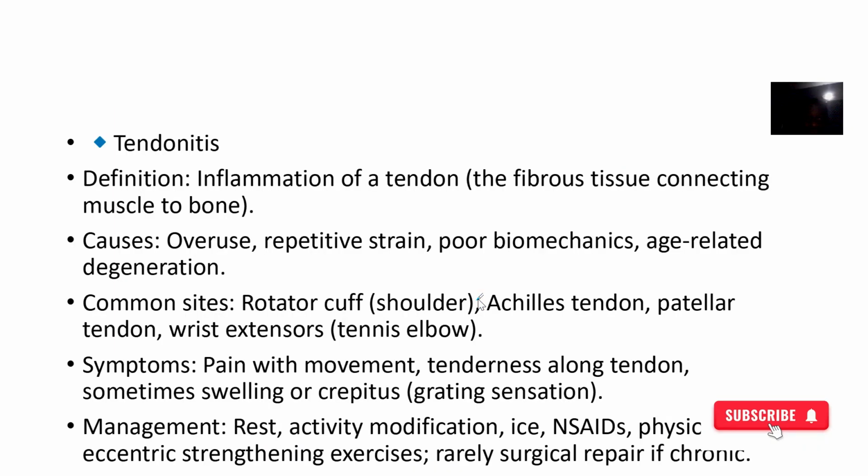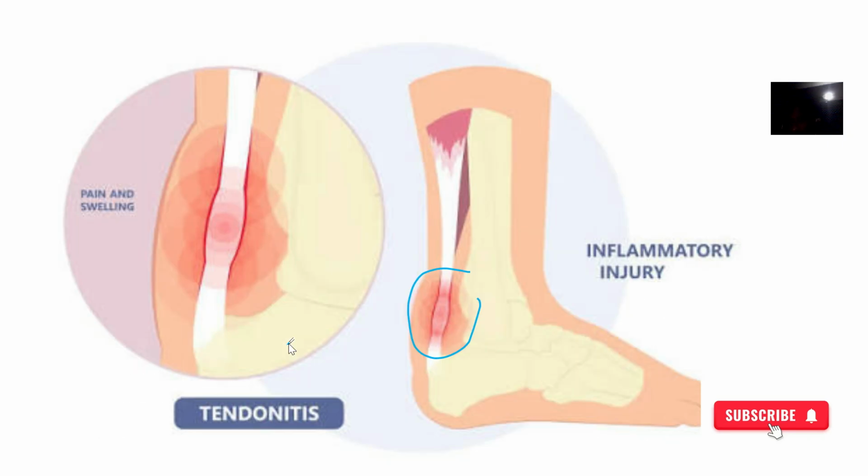It could be due to overuse, repetitive strain, poor biomechanics, age-related issues. Common tendons that get inflamed include the rotator cuff, the Achilles tendon, the patellar tendon, the wrist extensor.